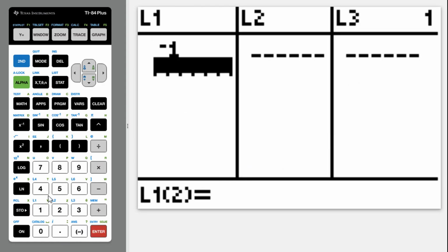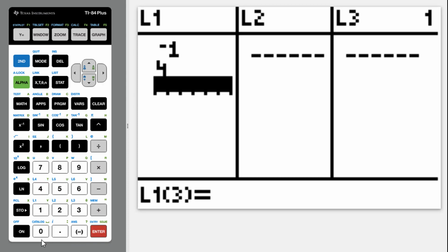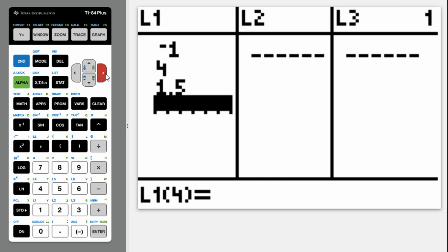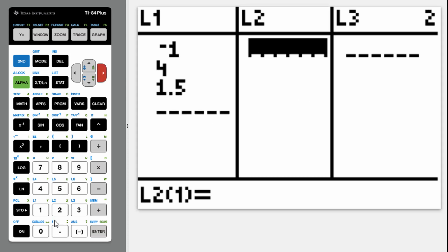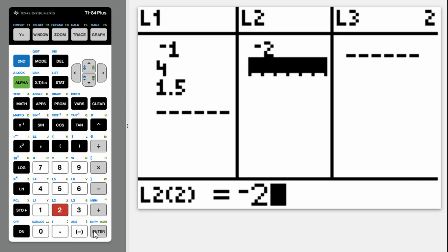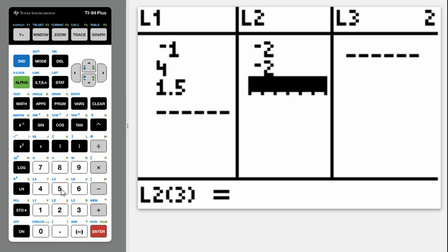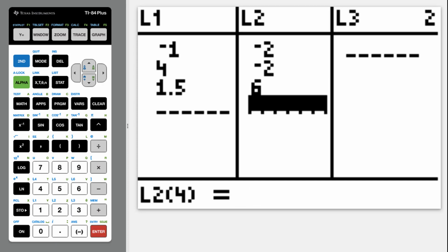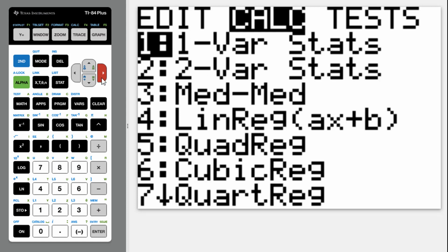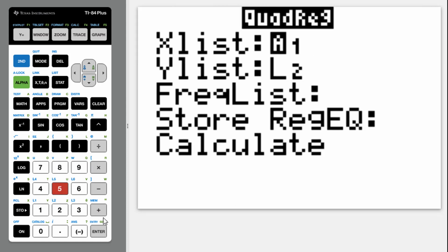Go to stat, enter. -1, enter. 4, enter. 1.5, enter. You will have -2, enter, -2, enter, 6, enter. Then go to stat, calculate. Go to 5, enter.